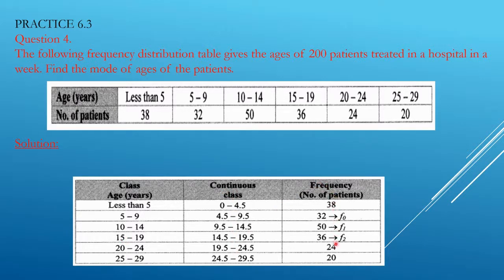In the first column, the class less than 5 means you have to take it as 0 to 4 because age cannot be negative. And the continuous class means 0 to 4.5. Second one 4.5 to 9.5, and 9.5 to 14.5, 14.5 to 19.5, 19.5 to 24.5, 24.5 to 29.5.